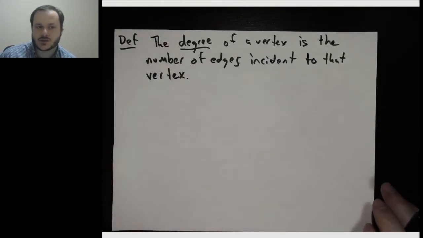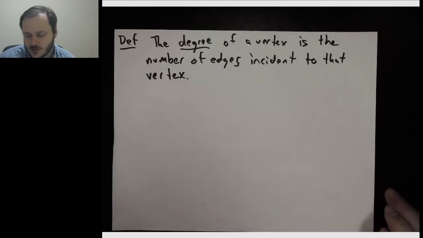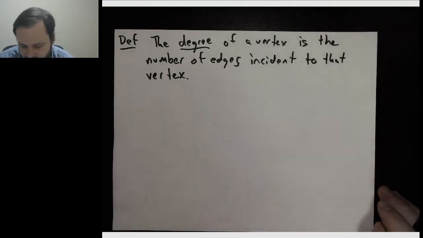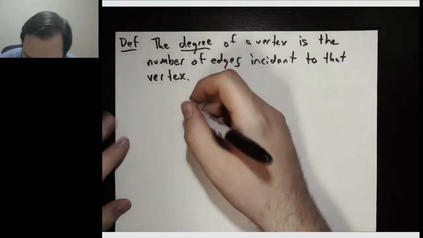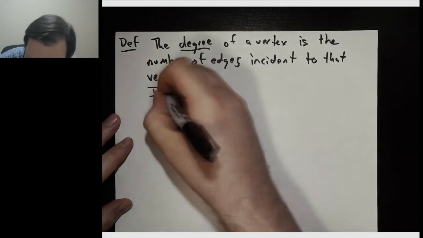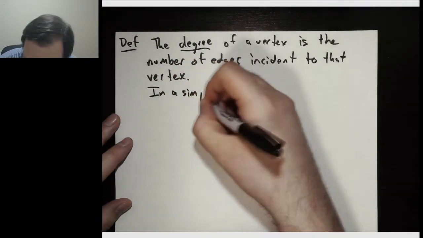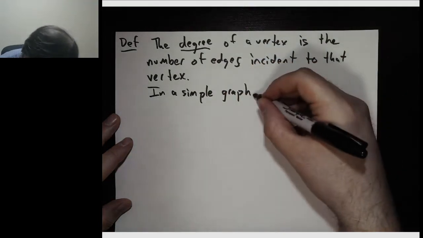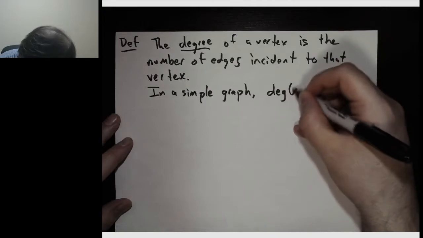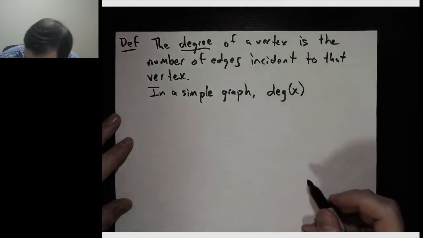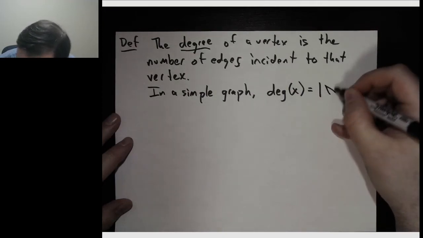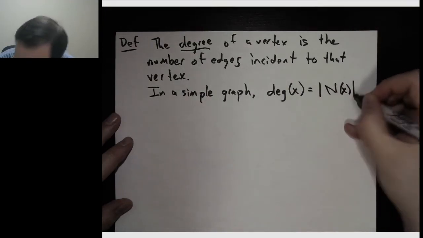If we're talking about a simple graph, then every edge incident to a vertex goes to another vertex. And so in a simple graph, the degree of x, which we typically write deg of x, is equal to the size of the neighborhood of x.